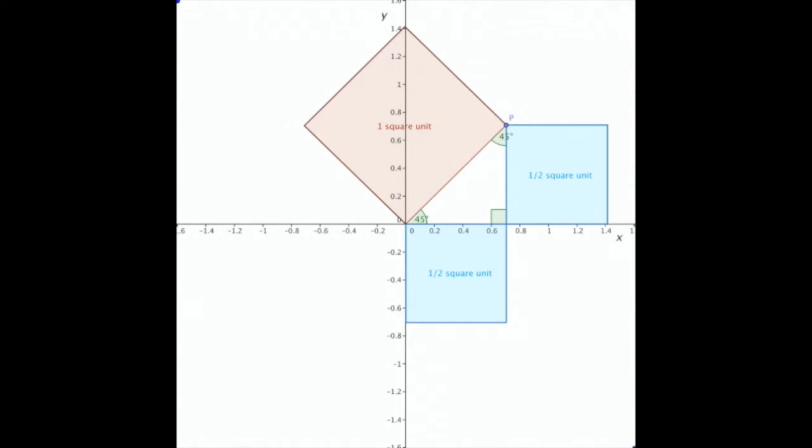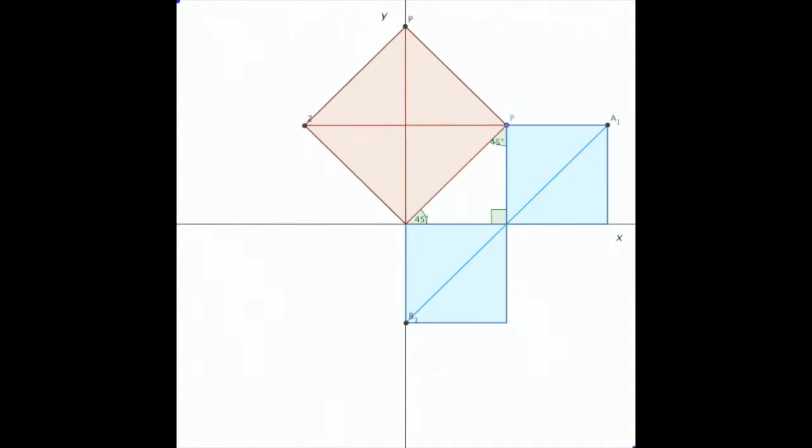We can check this by splitting each of the squares into equal-sized triangles. Now, if each of these small squares has an area of half a square unit, that means their side lengths must be the square root of 1/2.